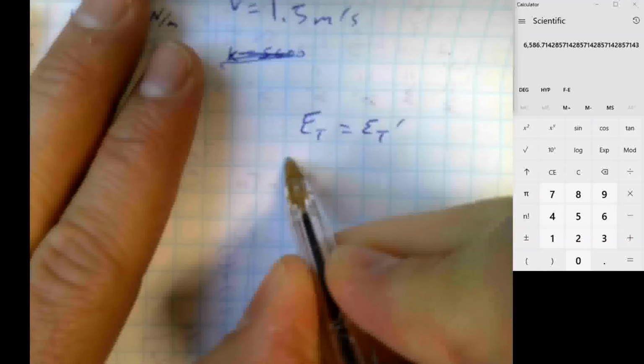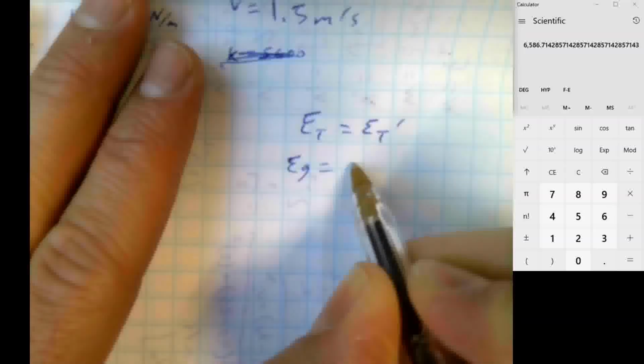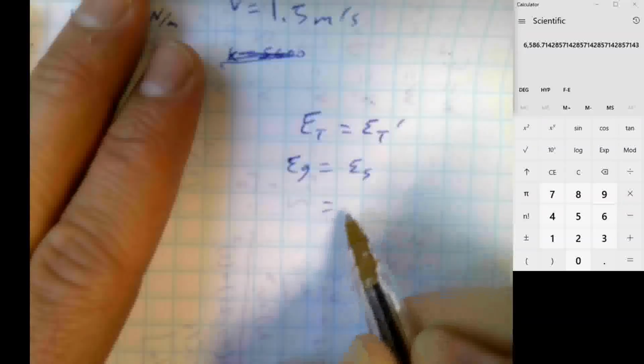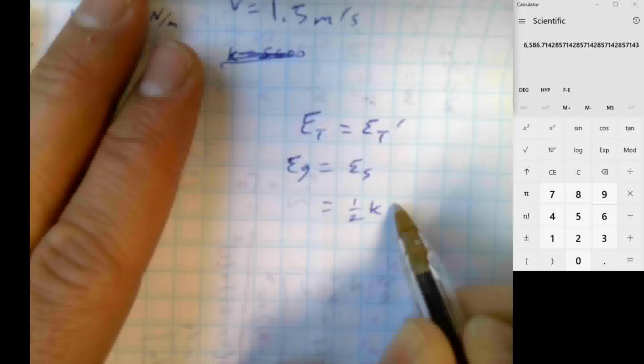And in this problem, we have our gravitational potential energy as our energy before, our spring as the energy after. We have 1/2 of k delta x squared, and we have mgh here. We have to solve for h. So this is going to be essentially k over 2 mg delta x squared.